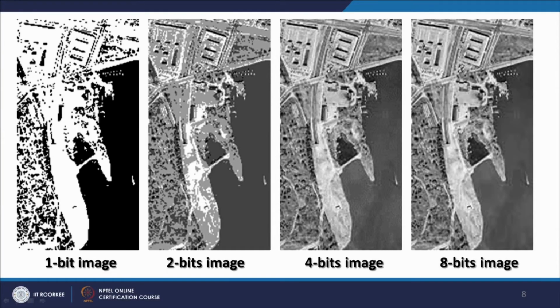That doesn't mean the first one was used to create this 8-bit image. No, left to right we cannot go, but right to left we can always go. So we can deteriorate the quality of an image, but we cannot improve its quality in terms of bits or spatial resolution once the image has been acquired by the satellite.